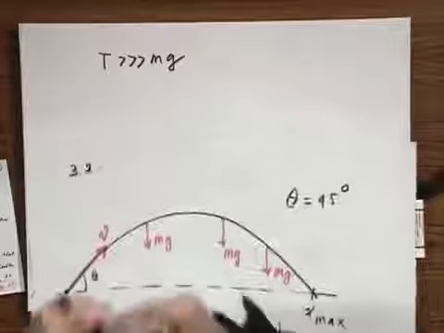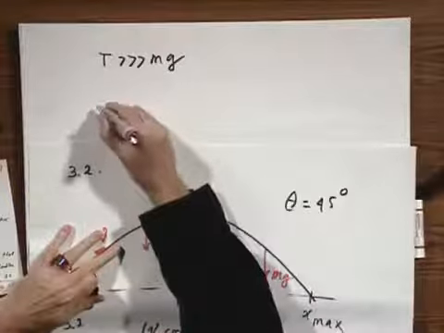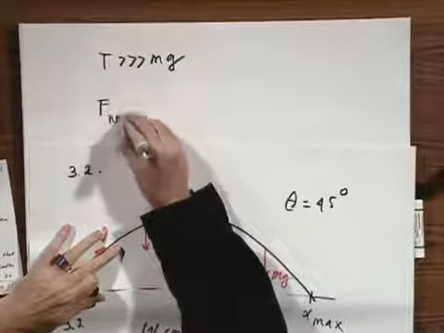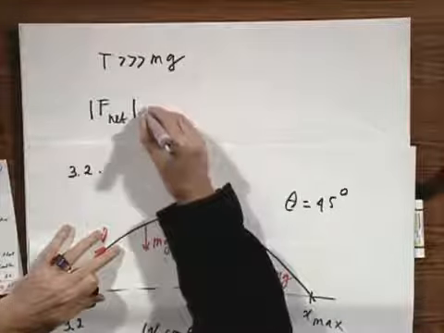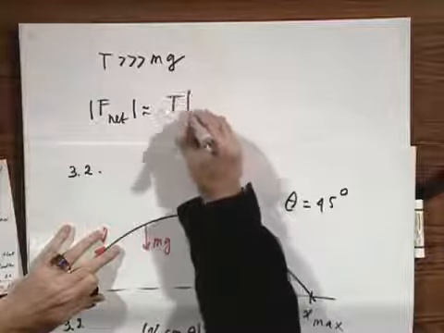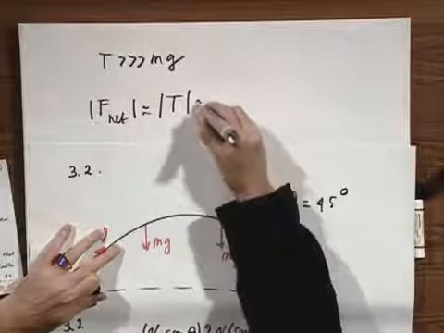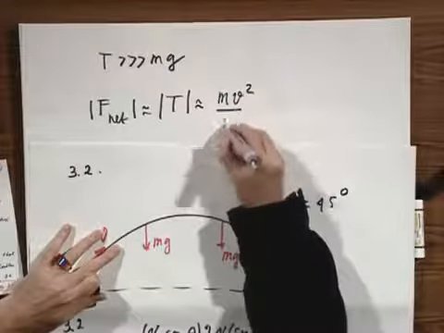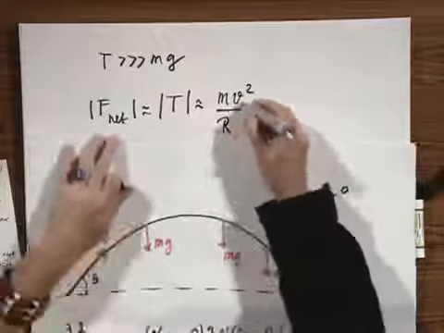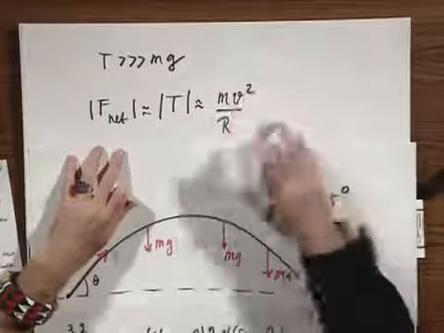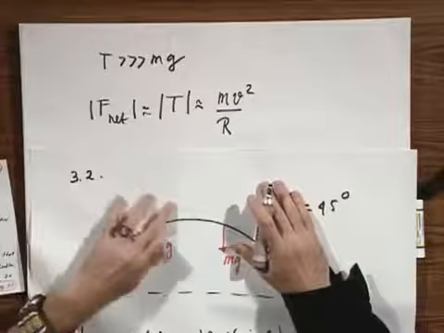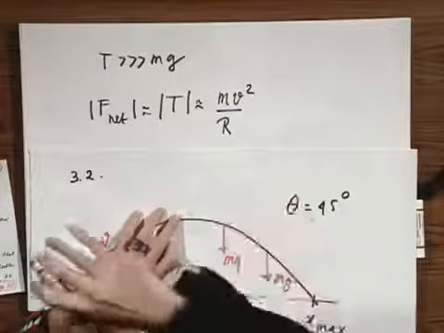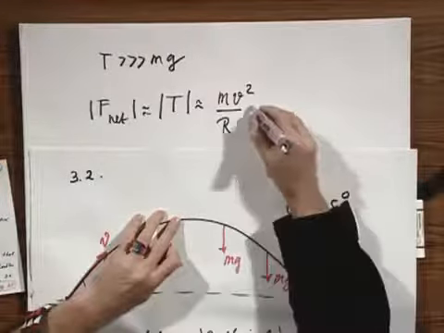So effectively I forget gravity. So I get now that the magnitude of the net force is very close to the magnitude of the tension, and that now is approximately mv squared divided by r, v being the speed at the moment that I cut the rope and that the object will start its trajectory.